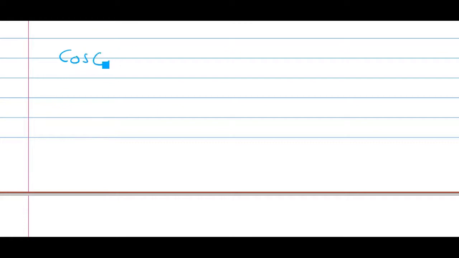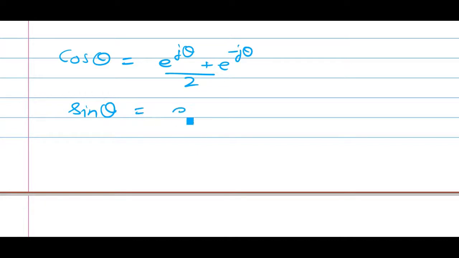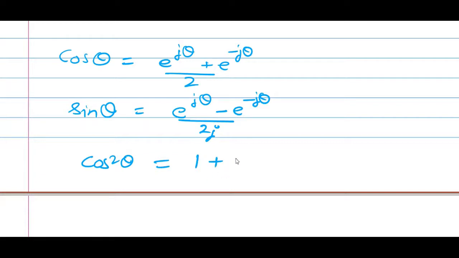Now let's look at the question, but before that let's talk about some basics. Cos theta is e raised to j theta plus e raised to minus j theta upon 2. Sin theta is e raised to j theta minus e raised to minus j theta upon 2j. Then cos square theta is 1 plus cos 2 theta upon 2, which can be written as 1 by 2 plus 1 by 2 cos 2 theta.